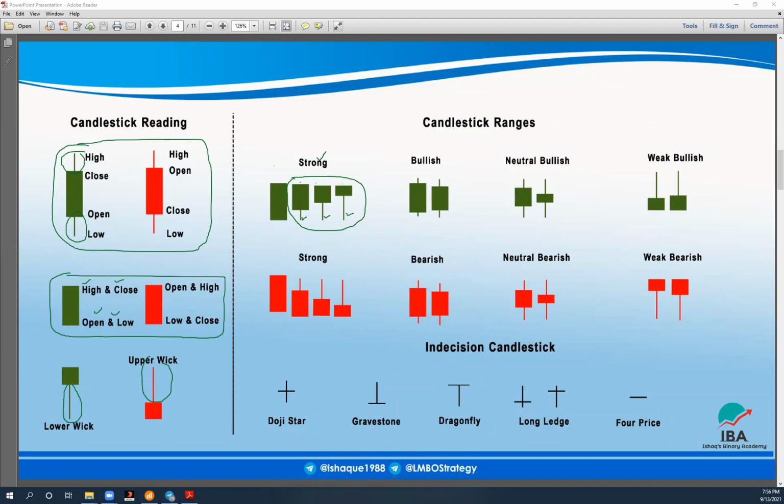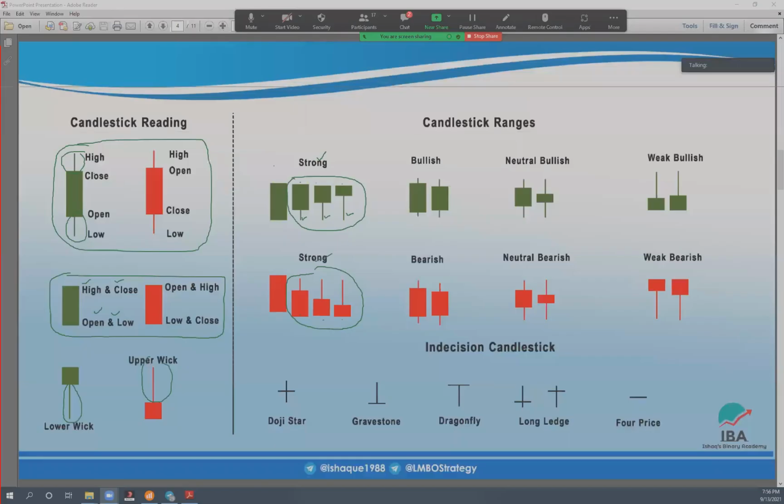And when there is an upper wick in the red candle and there is no lower wick on the red candle, why is it a strong one? What is the psychology behind the strength of the seller's candle? Yes, brothers, communicate with me. Because the sellers were stronger.